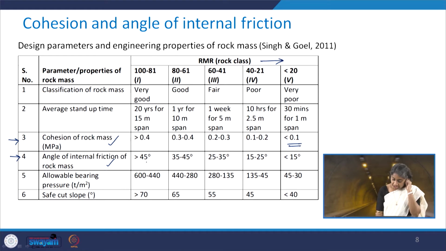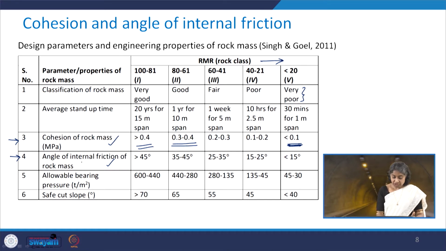For the very good quality rock mass, the cohesion is 0.4 MPa and more than that. In case of good quality, it is between 0.3 to 0.4 megapascal. But in case you have very poor quality rock mass, the cohesion of the rock mass is as low as less than 0.1 megapascal.